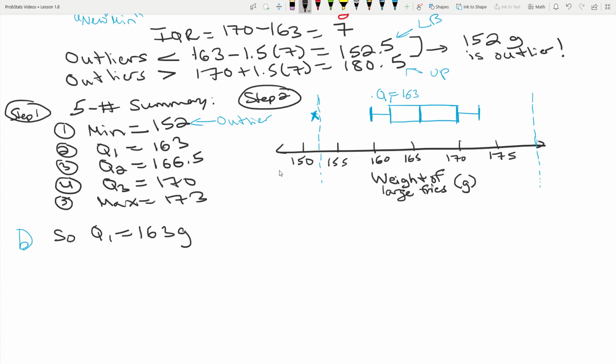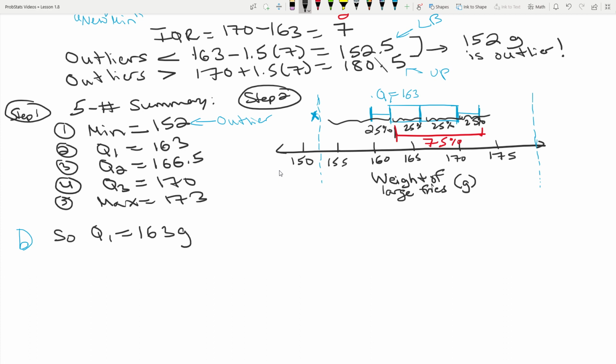which means that at least 75% of the large fries weighed 163 grams or more. Why is that? Well, because this is 25%, this is 25%, and this is 25%. From here to here is 25%, from here to here is 25, and so on. So at least 75% were actually greater than 163 grams.